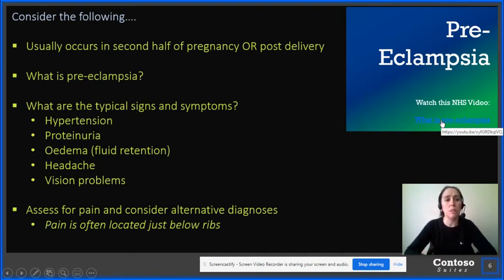So with preeclampsia, this usually occurs in the latter stages of the pregnancy. So it's not often that you'd see that at the start. This is because the changes within the body aren't that acute in the first trimester or indeed part of the second trimester.